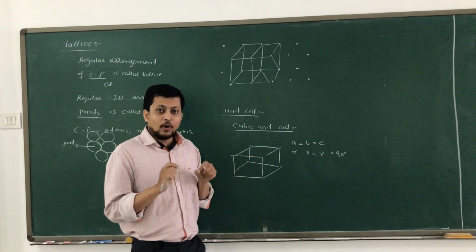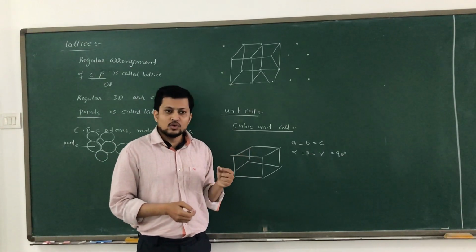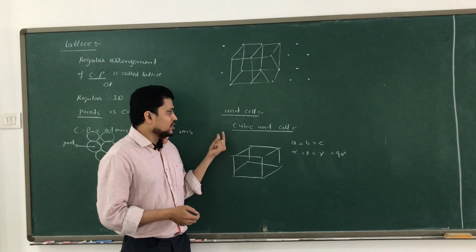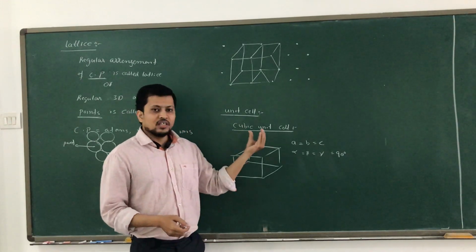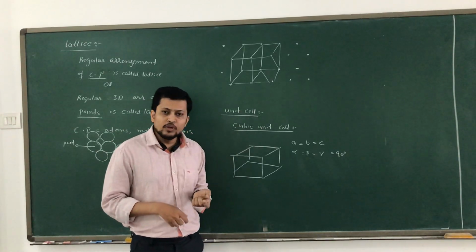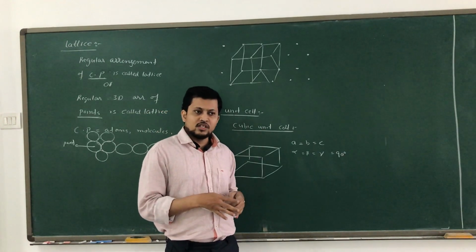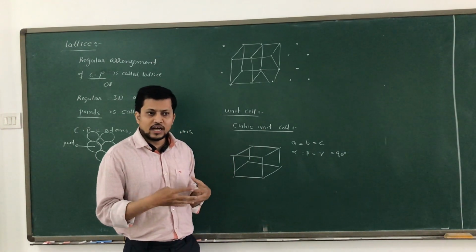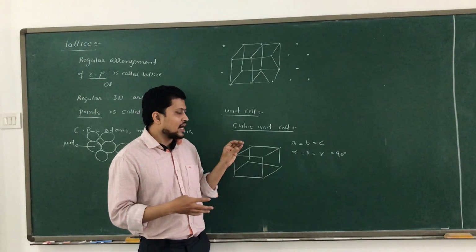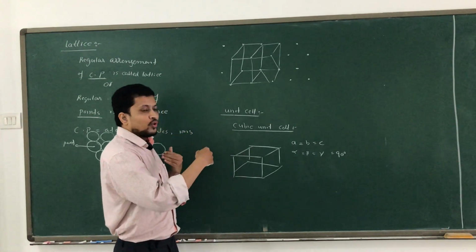So normally about the atoms in the unit cell, where the atoms are present in the unit cell, how many types of unit cell we have, we can better understand by taking the example of the cubic unit cell. Based on where we have the atoms in the particular unit cell, we are going to have a total of 4 unit cells.